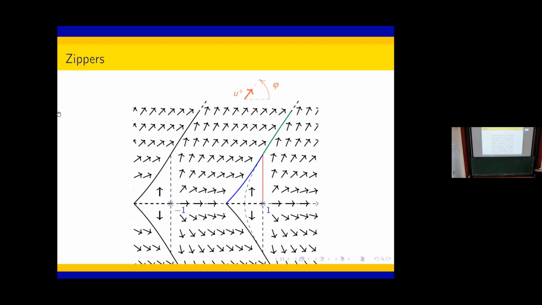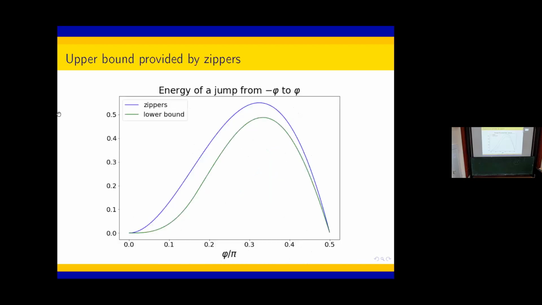There is no jump here and no jump here. The jumps are only on one period, on this part, a parabola, and this part, a hyperbola. You can compute the cost, and you get a better upper bound which goes to 0, at least. But it's not very good for small angles.